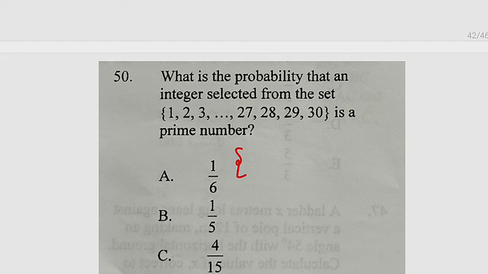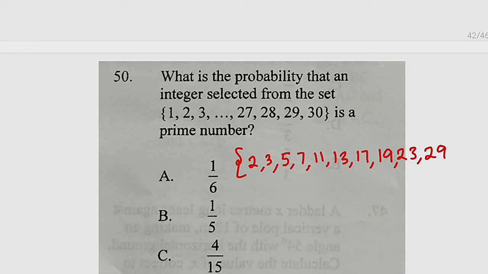So the first prime number, the smallest one, is 2, followed by 3, 5, 7, 11, 13, 17, 19, 23, 29.